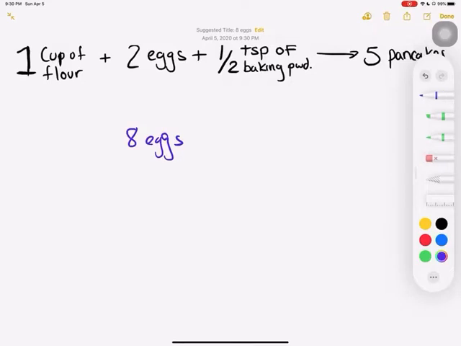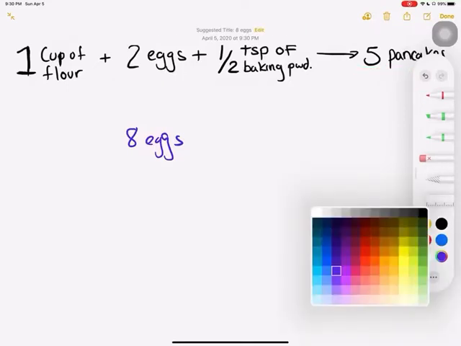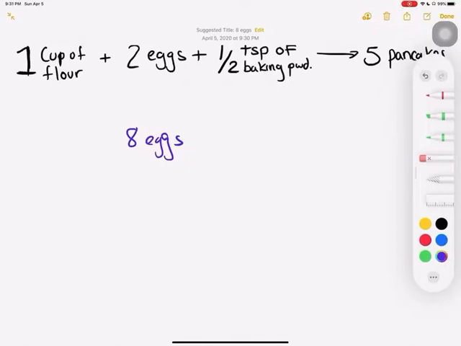So let's analyze the ratios. The ratio of eggs to pancakes is 2 to 5. So for every 2 eggs, assuming I have enough of everything else, I can make 5 pancakes. So what is the relationship between this number 2 and this number 8? Did it double? Did it triple? You're going to see that it increased by a factor of 4, or it multiplied times 4, right?